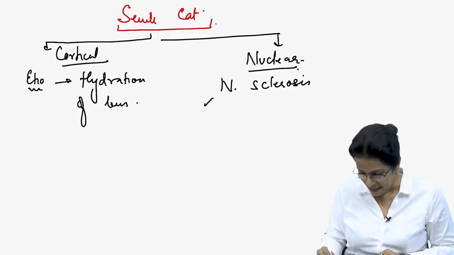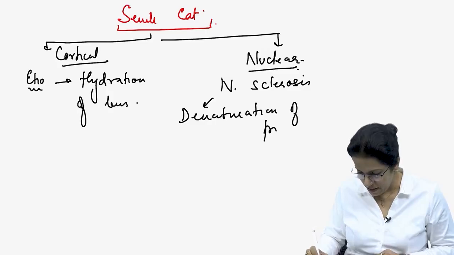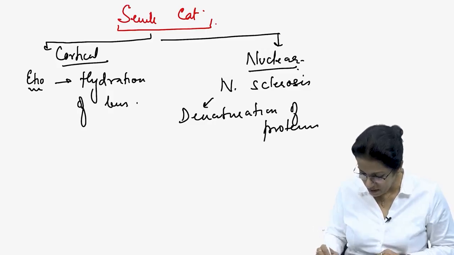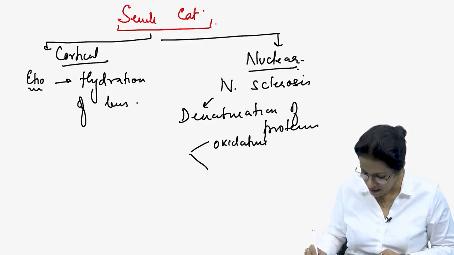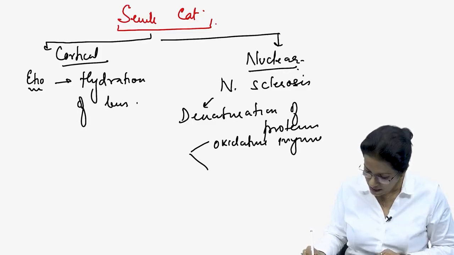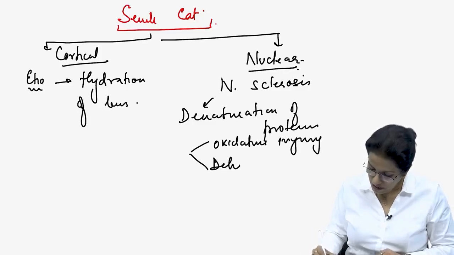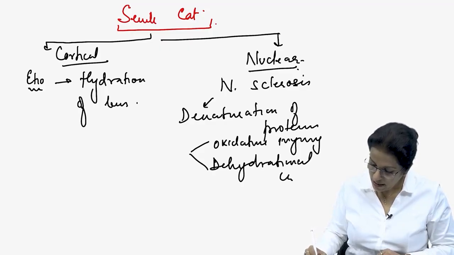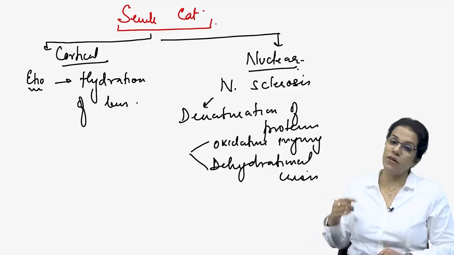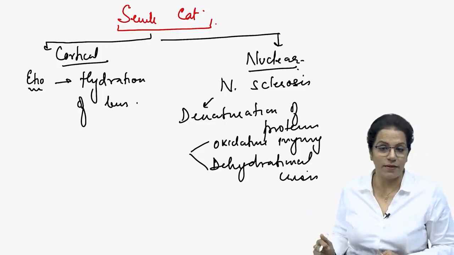We will understand that there is denaturation of proteins. Now, this could either be any oxidative injury which is causing denaturation, or it could also be due to any dehydrational crisis. Sometimes recurrent diarrhea can also be a cause of cataract. This is the reason why, right?